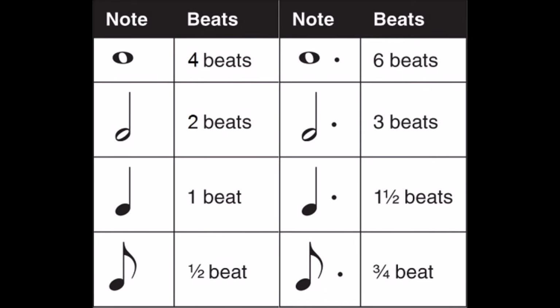Therefore, the value of a dotted quarter note is 1 plus half, and that is equal to 1.5. A dotted eighth note has the value of half plus a quarter, and that is equal to 3/4.